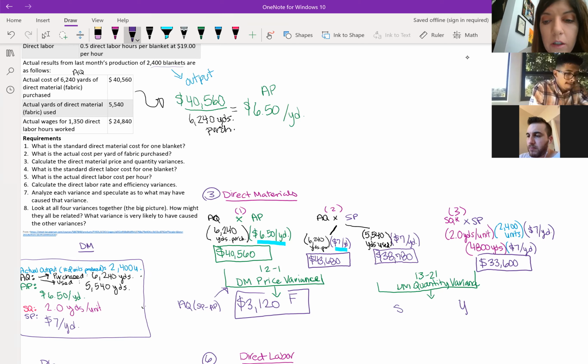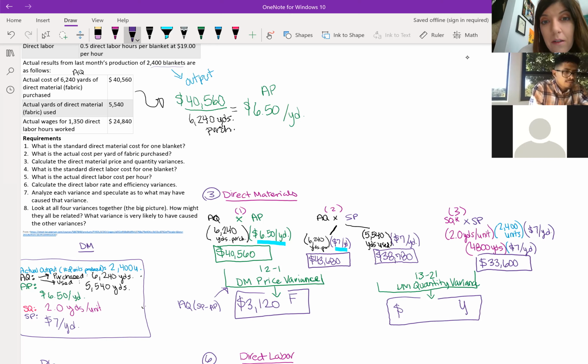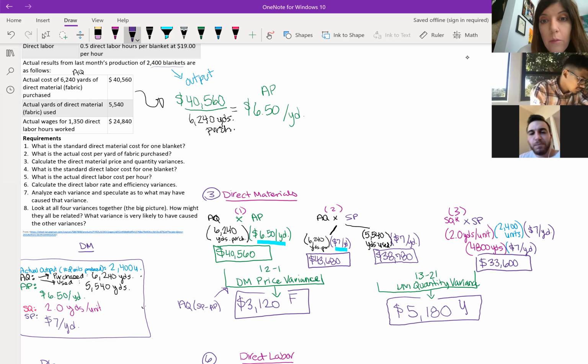You used more yards than you should have. How much more? Is it 5,180? Correct. 5,180 unfavorable. So with this one, what we were doing was we're isolating the quantities, right? We're comparing the standard quantity allowed.